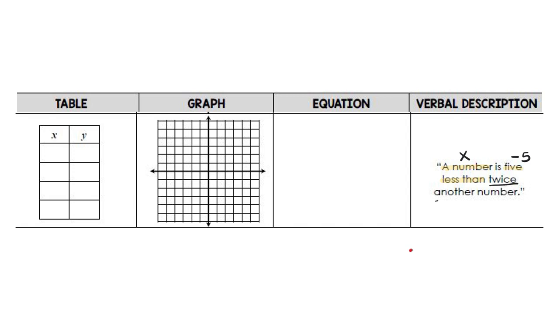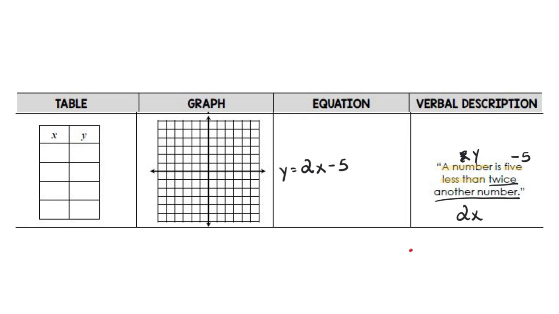So twice another number tells me 2x. So I have twice another number minus 5. Because a number, actually this a number would probably be my y, is 5 less than twice another number.